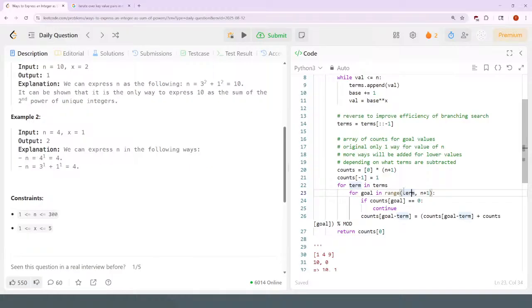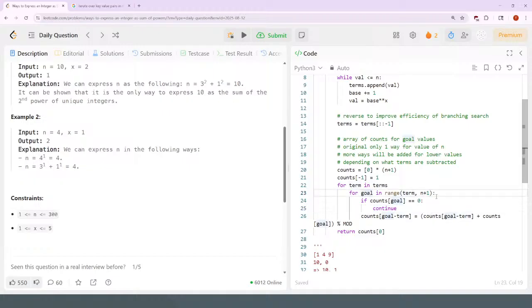So like if the term is 100, then the goal needs to be at least 100 in order to have the possibility of getting to 0. Can't subtract a term that's bigger than the goal. If the goal is 50 and the term's 100, then there's no way, so don't worry about that.